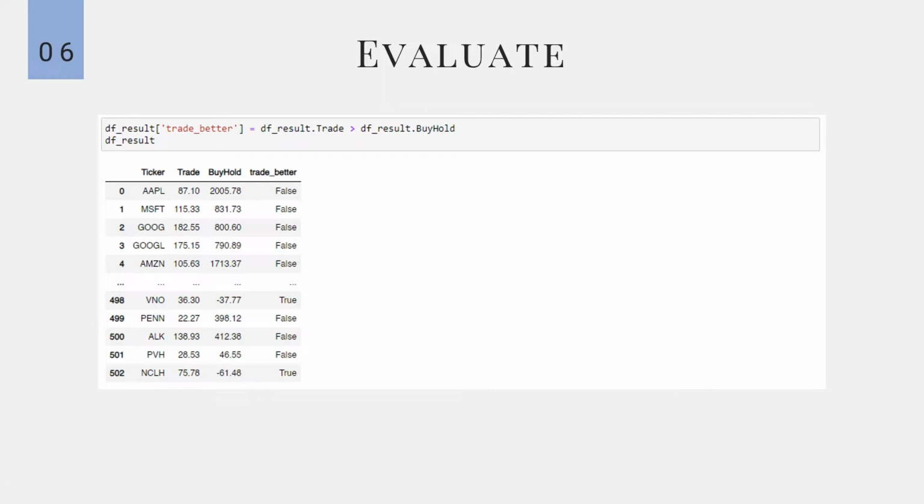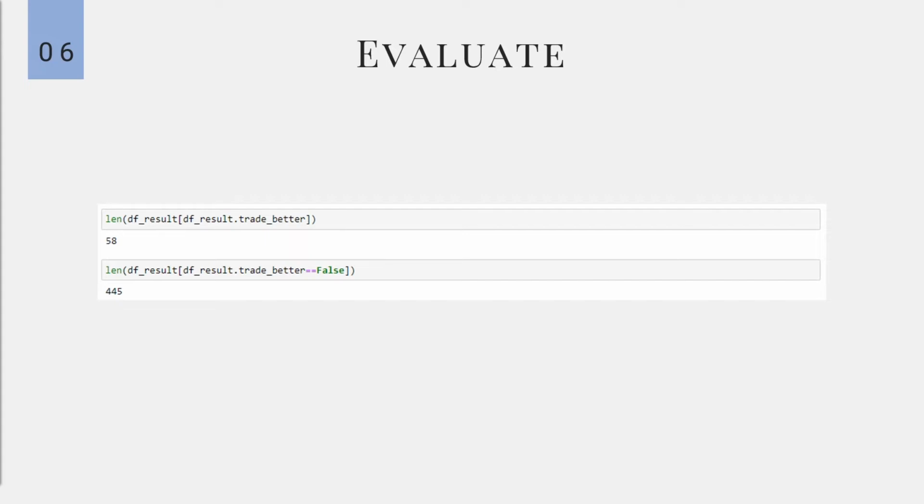So we see if the buy and hold strategy would have been better, we have a false, and if the trading strategy would have been better, we have a true. And now we look for how many stocks the trading strategy would have been better, and for how many the buy and hold strategy would have been better. So here we have the trading strategy, and here we have the buy and hold strategy.